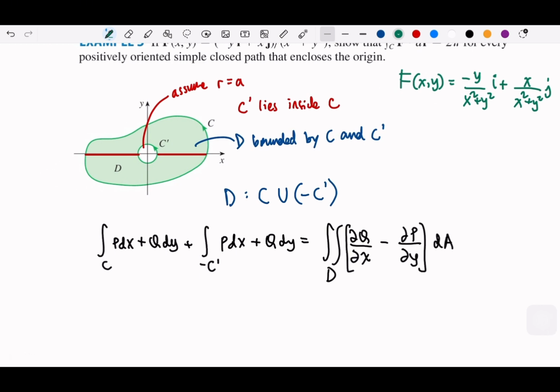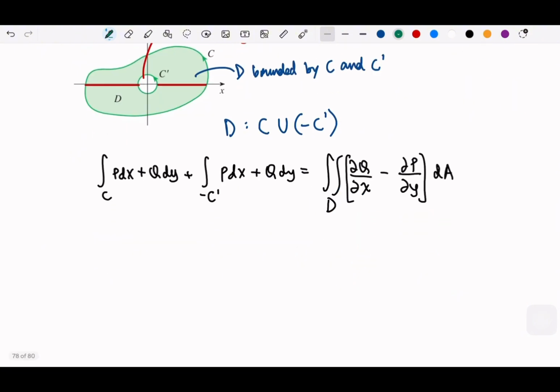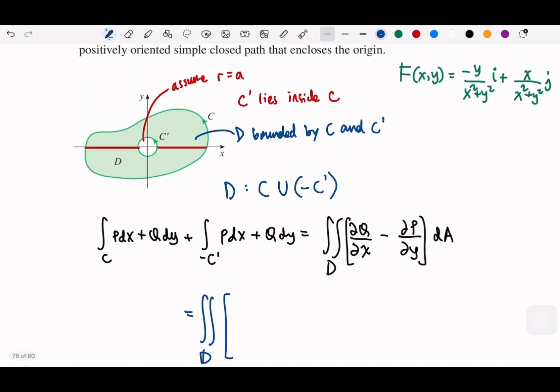So then we are going to use the quotient rule for both of them. So Q, if we differentiate with respect to x, then on the bottom side we have the squared x squared plus y squared, and then minus the other part, but I will write the results.